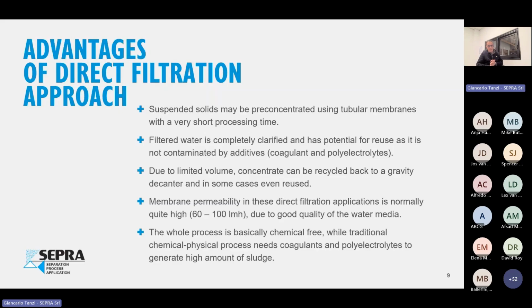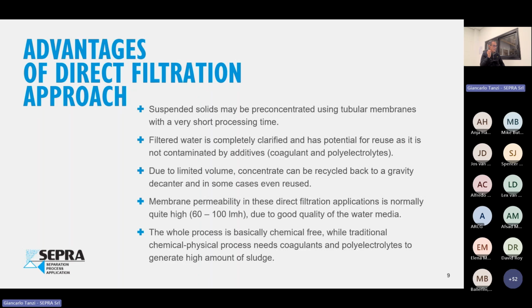Another interesting aspect that I want to mention is that in this direct filtration application, where the media itself, water, is pretty pure, when the hydraulics are fine and the porosity of the membrane is correct, the permeability of the membrane is really high.